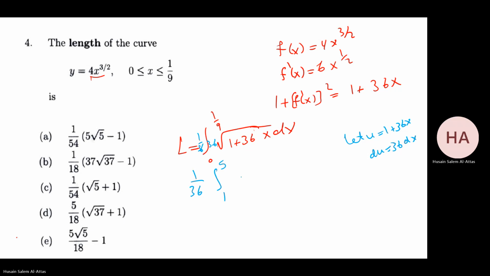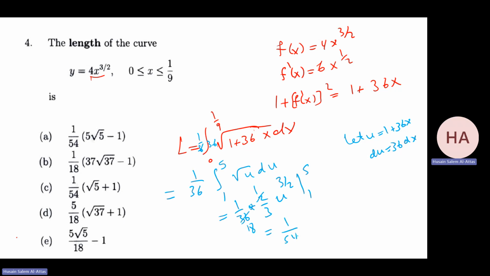What's that? Square root of u du. That will be 1 over 36 times 2 over 3, u to the 3 over 2 from 1 to 5. This is 1 over 54 times 5 square root of 5 minus 1, which is this one.